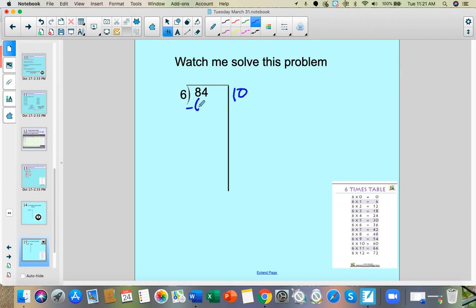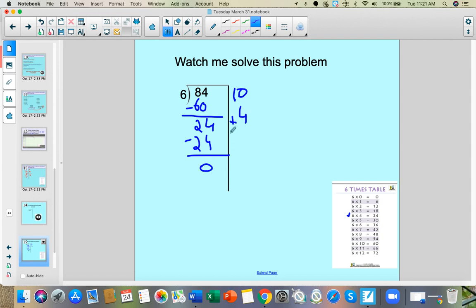6 times 10 is 60. 4 minus 0 is 4. 8 minus 6 is 2. And now I'm going to look at the 6 table, and I know 6 times 4 is 24. So I'm going to do 4 here, minus 24, 0.